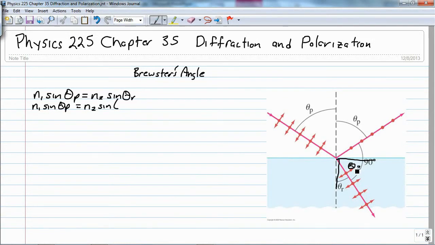We'll call that theta 2. And so theta r is just equal to 90 degrees minus theta 2.